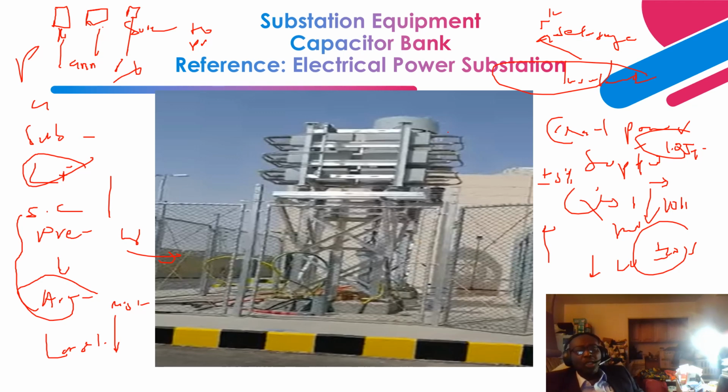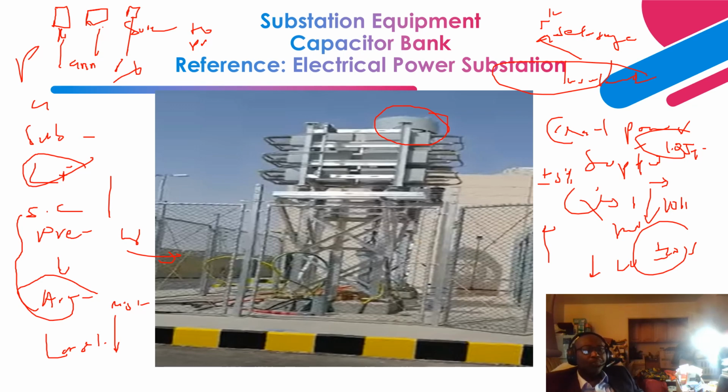As you can see over here, you can see a reactor. This is an air core reactor, similar to the air core reactor that I showed you. Now the question you want to ask me: what is the purpose of an air core reactor on a capacitor bank? Let me explain what a reactor is doing with a capacitor bank.